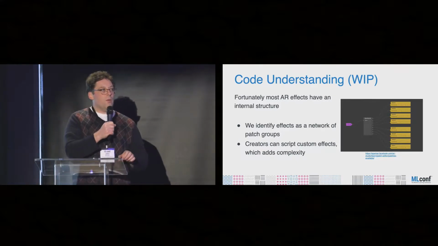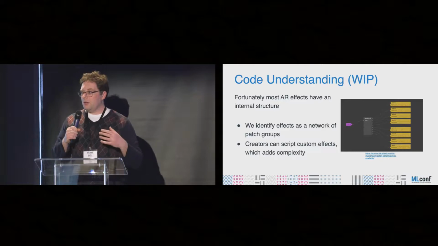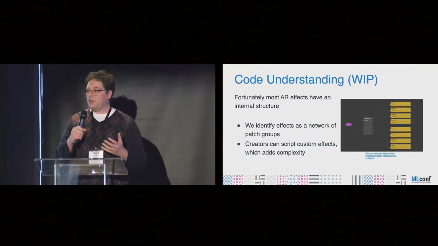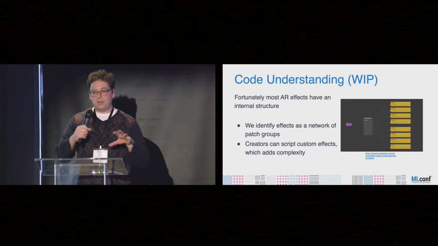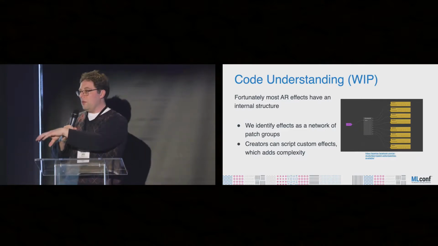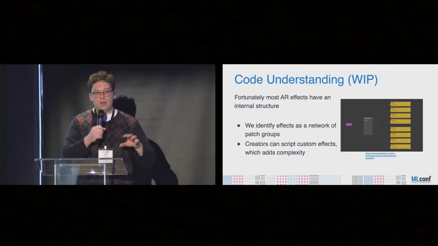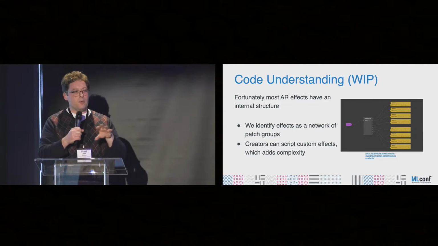Well, one way we can do this is, luckily for us, a lot of our AR effects have an internal structure. They're built around patches. Patches are collections of components that are linked together. So inputs will go to a component, go through a component, go to an output. We don't have to know exactly what's happening, but we can say, well, these are graphs. These are small-scale graphs.